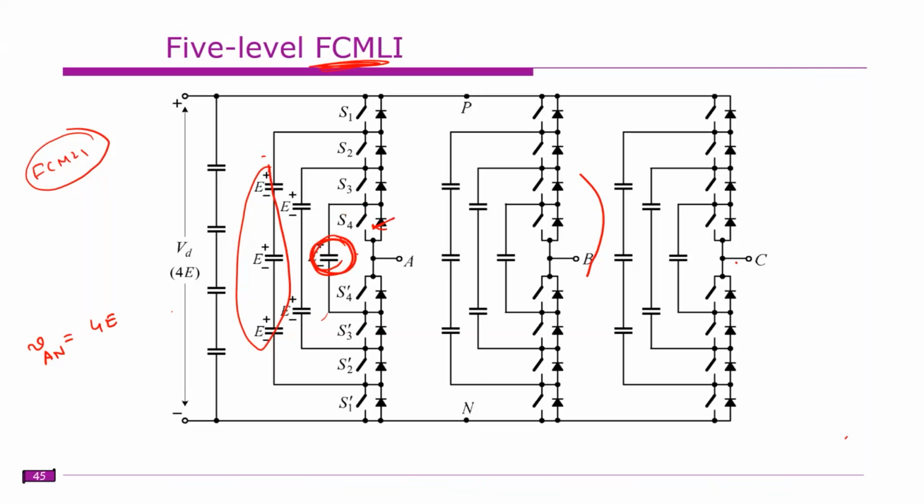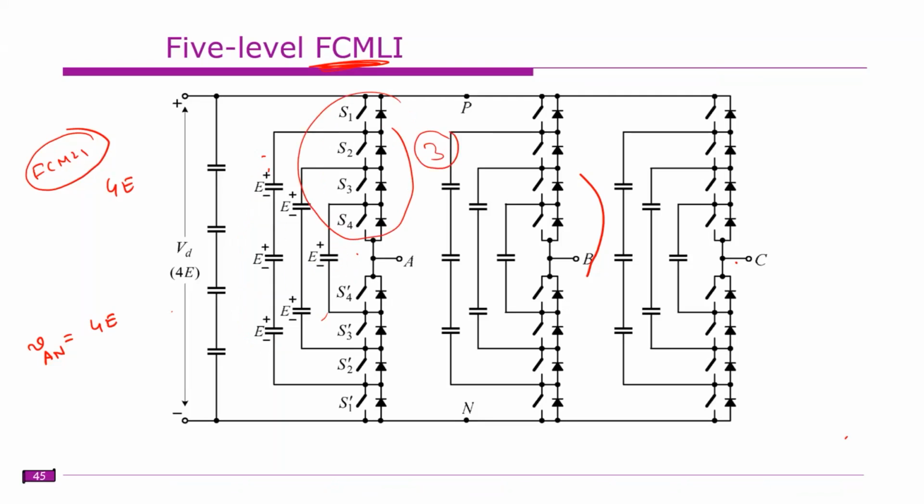So this can be summarized something like this. If all four, S1, S2, S3, S4, are on, you can get 4E voltage.